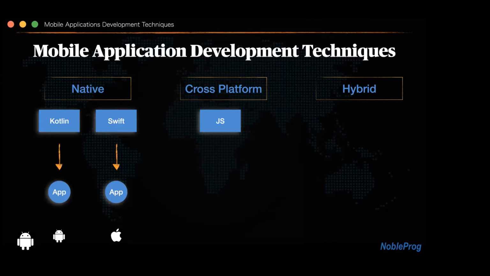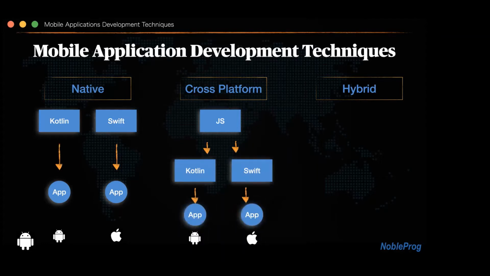So you are developing your application in a programming language that's not one of the native programming languages, and this application will be translated into the native versions. And then the Kotlin and Swift will be developed and finally executed, giving you the same application that you got from the native.